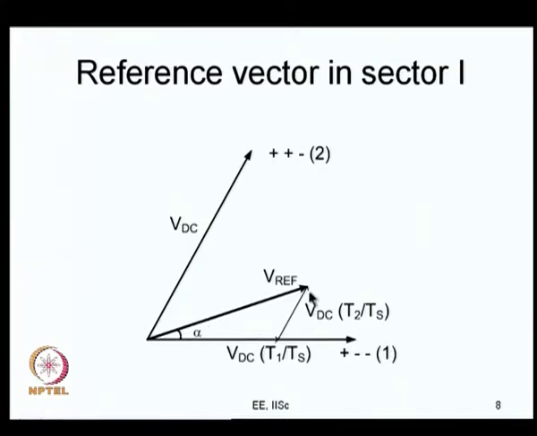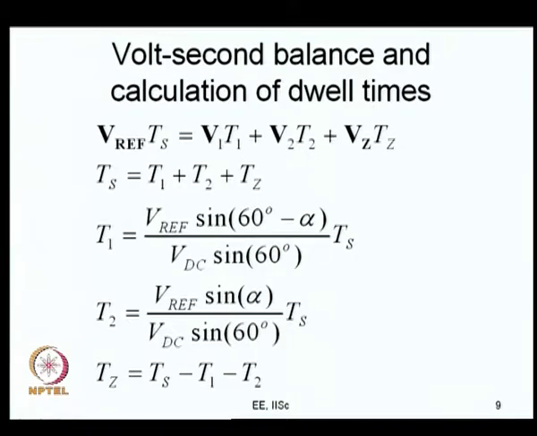So, let us say you have sampled, and that sample lies between active vector 1 and active vector 2. As you can recall, we will apply active vector 1 for some T1 seconds and active vector 2 for T2 seconds, and the null vector for the remaining Tz seconds to produce an average voltage vector equal to this reference vector.